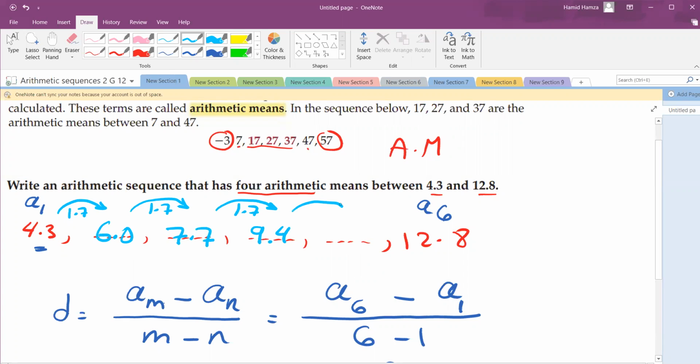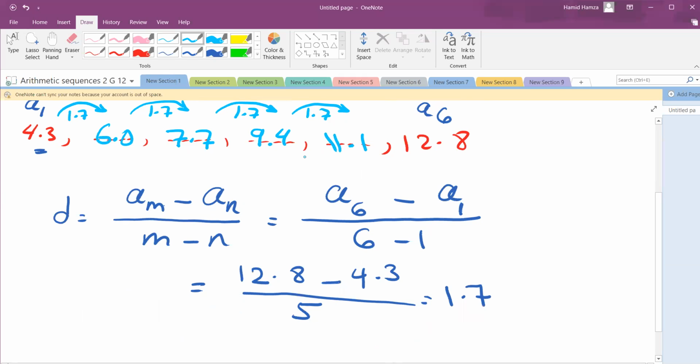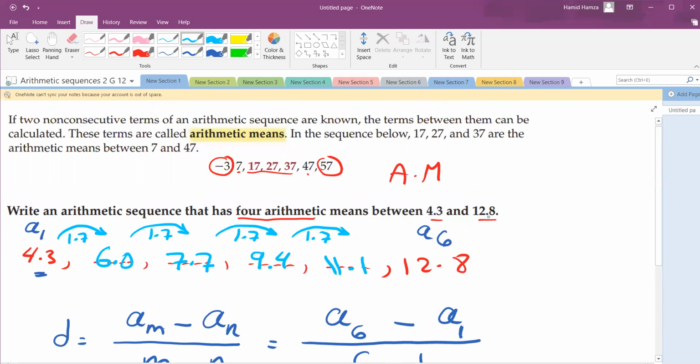And the last one will be 11.1. So these terms are the arithmetic means inserted between 4.3 and 12.8.